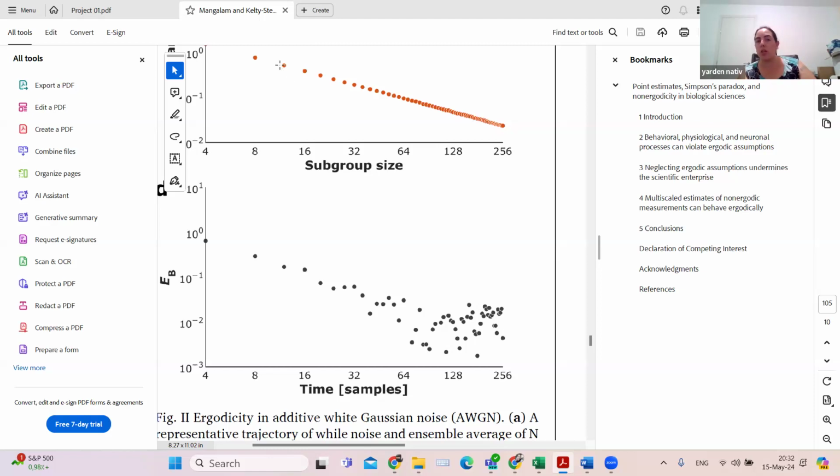Right, and this is the dot for subgroup size of 10, only this dot. And then you take 20 and it will be this dot. Every time a dot. I need to make the subgroup bigger. Yes, and each subgroup you take randomly, you repeat it again and again for all the possible subgroups, okay?